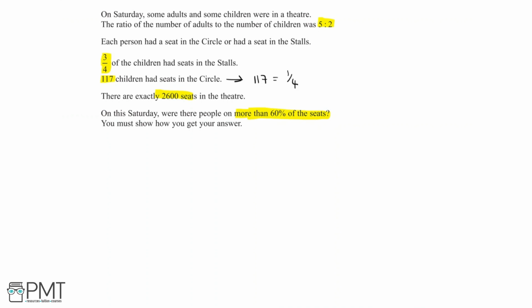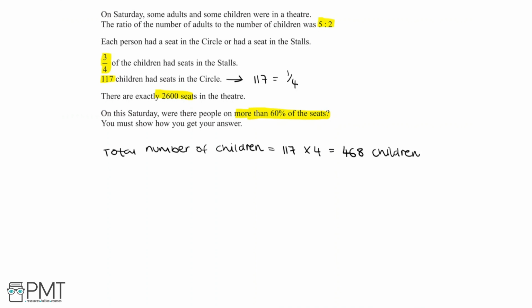And so to find the total number of children in the theatre, if we know that a quarter is equal to 117, we can say that the total number of children is equal to 117 multiplied by 4, which gives a total of 468 children.